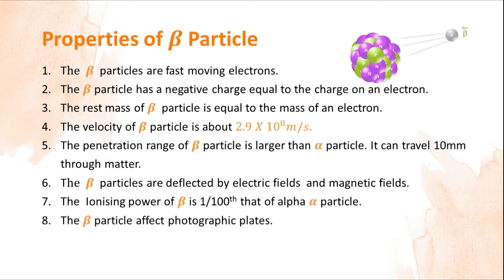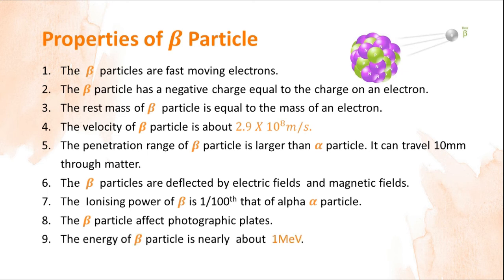Here two properties are exactly similar to the alpha particle: affecting the photographic plate, and being deflected by electric field and magnetic field. These are similar in beta and alpha.